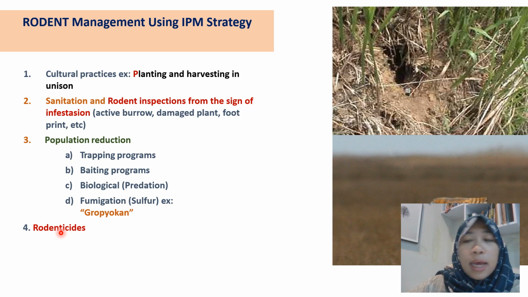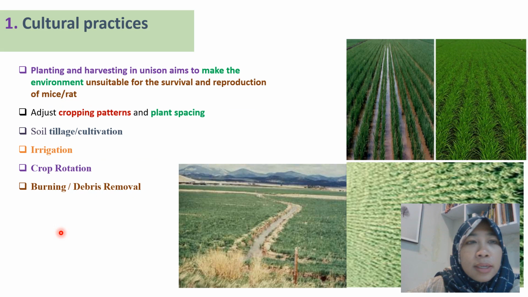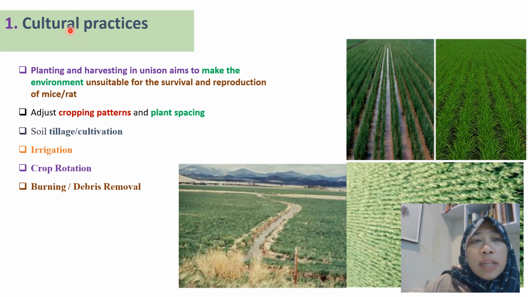And I will explain to you in detail one by one what kind of things we can do to combat the rodent. The first one is cultural practices. What kind of things can we do to make sure we have the right cultural practices? The first one, as I told you before, we have to plant and harvest in unison.